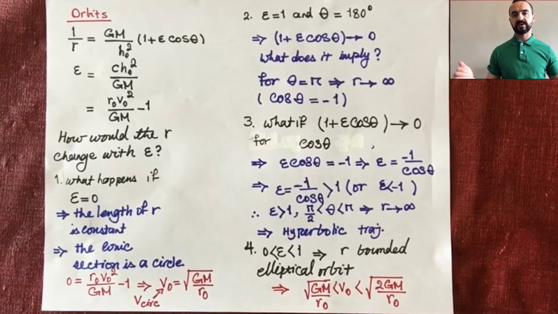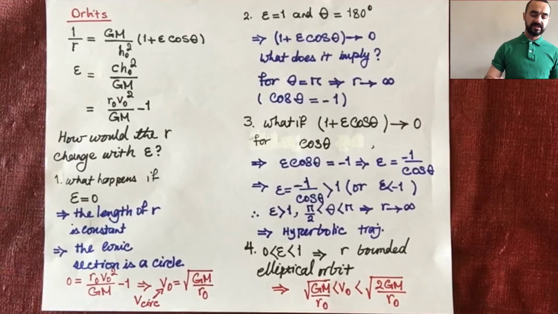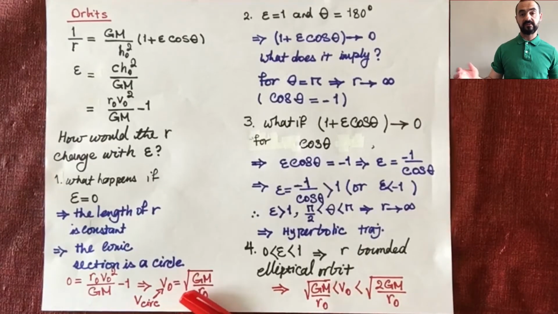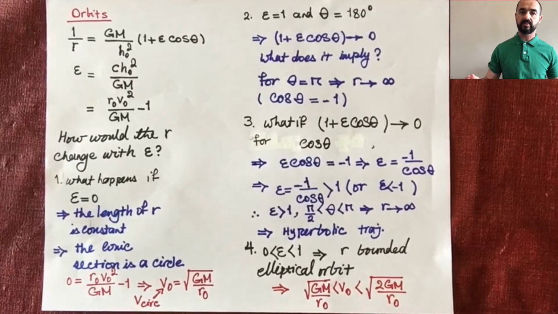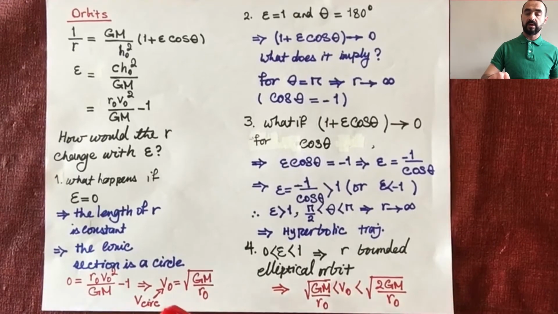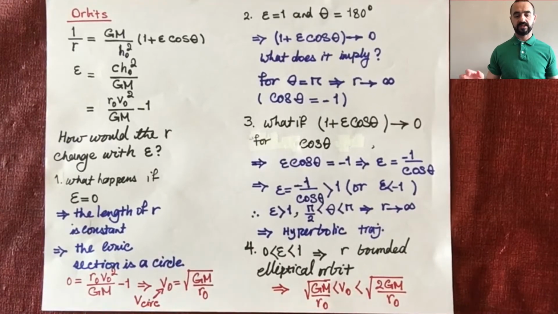So if our satellite is placed in a circular orbit, then v0, the initial velocity, is the square root of GM over r0. If we require the satellite to land on a circular orbit about Earth, then v0 and r0 are related using this relationship, and v0 in this case is v circular.